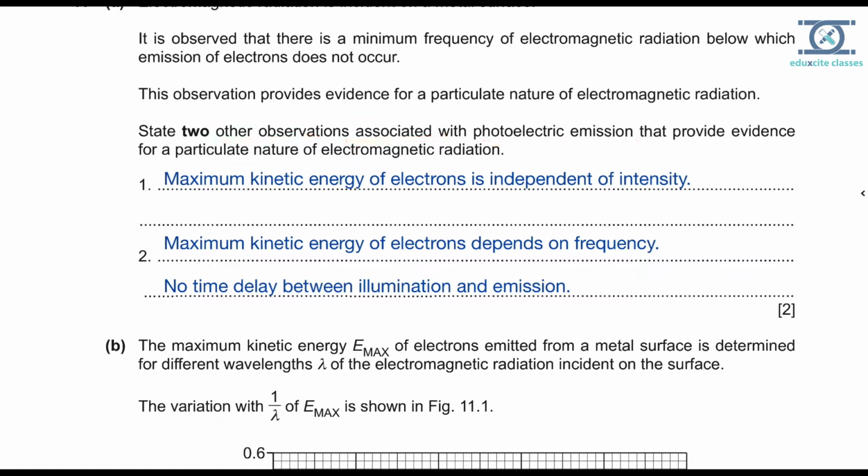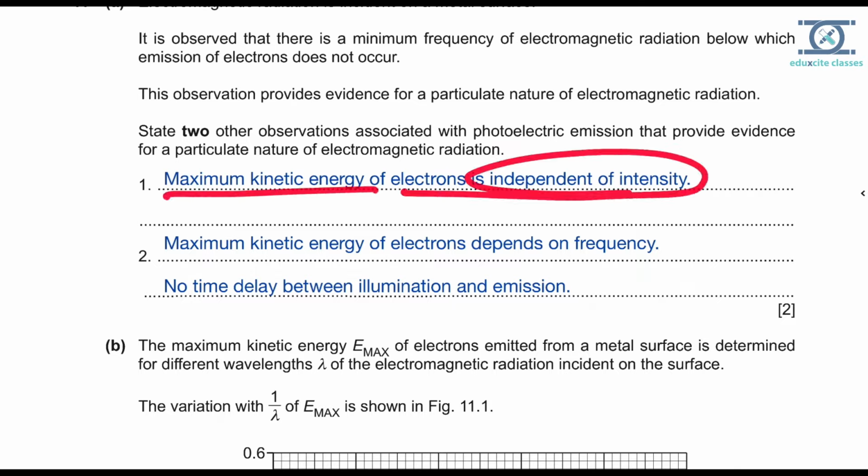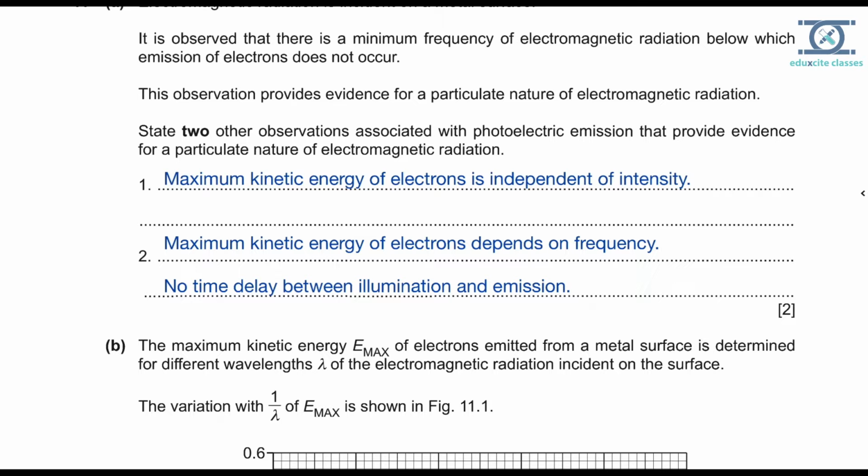So when we were dealing with the photoelectric effect, these are the conclusive points which provide the evidence for the particulate nature of electromagnetic radiation. That is, maximum kinetic energy of electron is independent of the intensity. How much intensity you are providing, there will be no effect on the maximum kinetic energy of the electrons emitting from the target matter. Okay, maximum kinetic energy of the electron depends on the frequency.